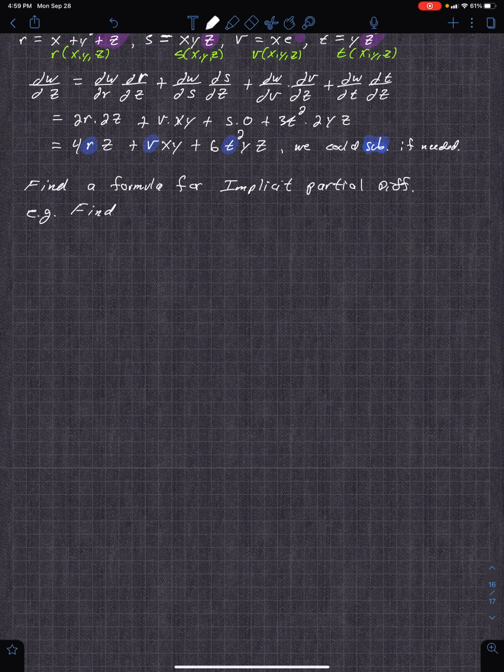So find dy dx if y squared is equal to x squared plus sine xy, and that's it. You can see, hopefully, it's impossible to solve this explicitly for y. You just can't do it, not with your y squared and your xy inside the sine.